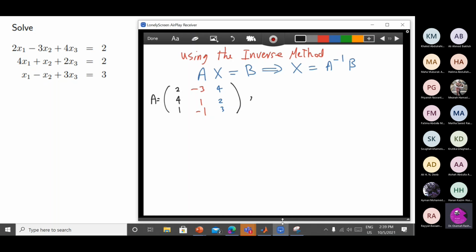What's B? B is the constant values on the other side. So you have 2, 2, 3. Now, the solution is straightforward.